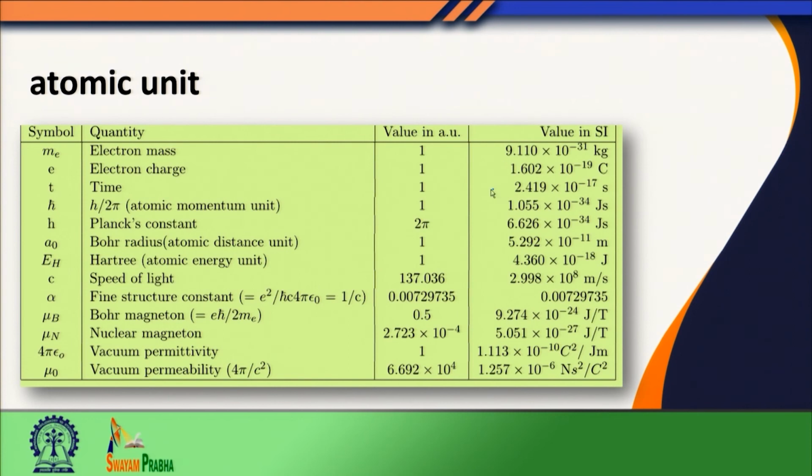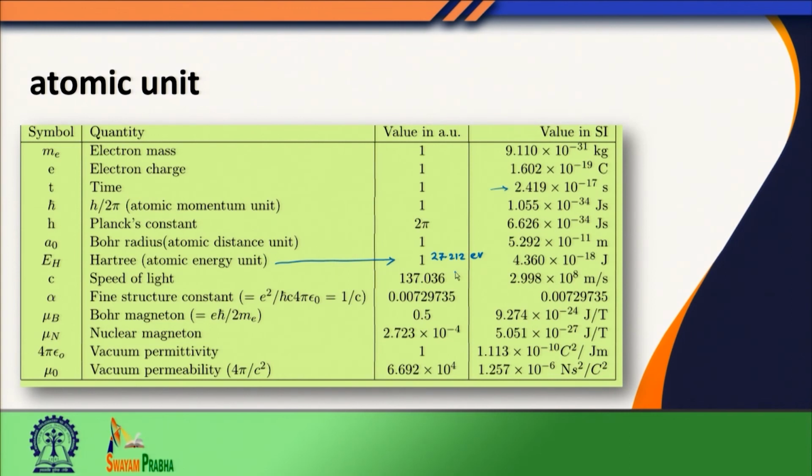So, this is the atomic unit of time, which is the time that a 1s electron takes for 1 revolution, and the energy in atomic unit is given as Hartree, which is actually 27.212 electron volt, and in this sense the energy of the hydrogen atom in atomic units will be minus 0.5.